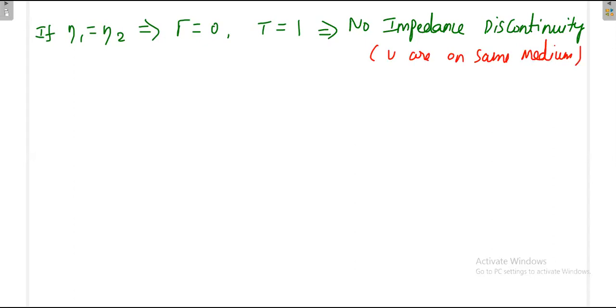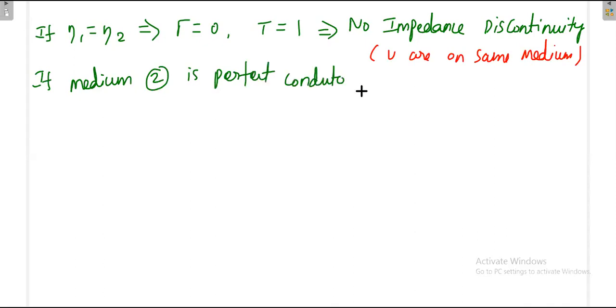Otherwise, if medium 2 is a perfect conductor, then the intrinsic impedance value eta 2 is equal to 0.